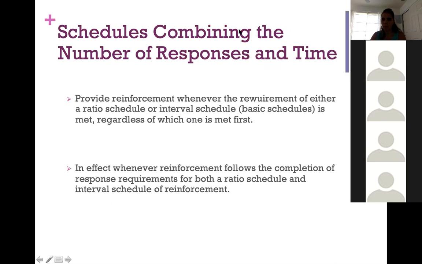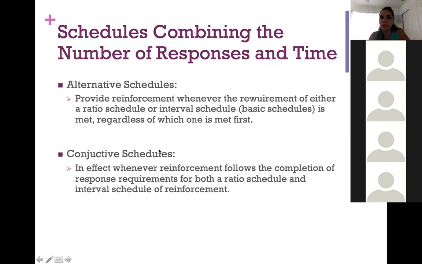Conjunctive and alternative. Okay. So for alternative schedule, it provides reinforcement whenever the requirement of either ratio schedule or interval schedule, which are the basic schedules, is met, regardless of which one is met first. So it's either or, right?